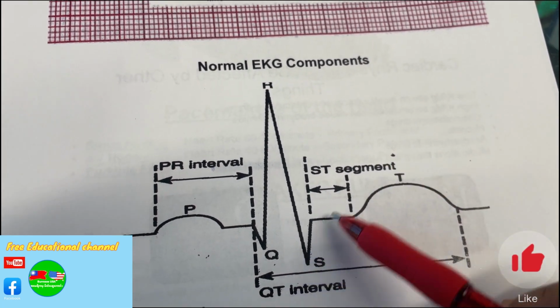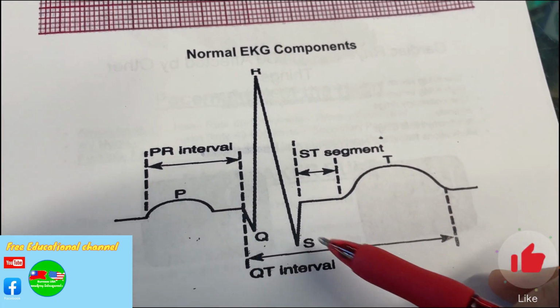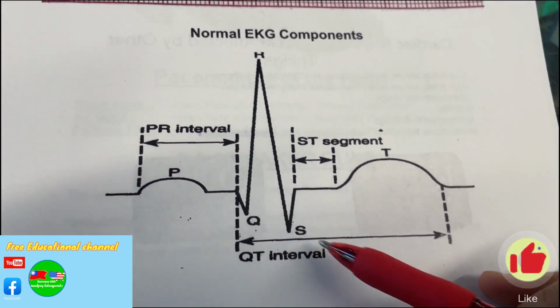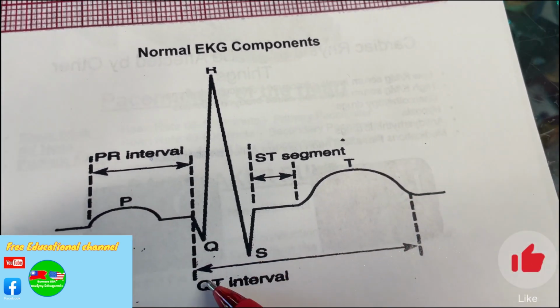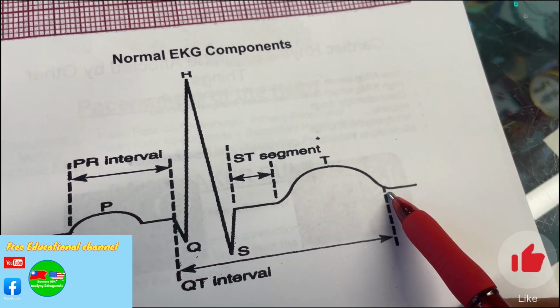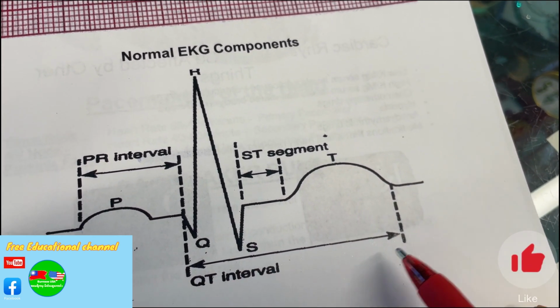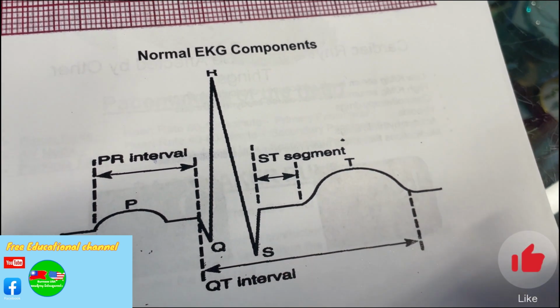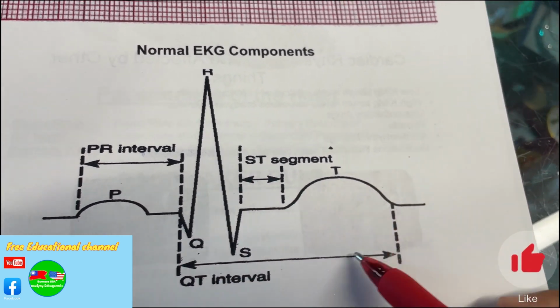It's going to be either raised like that or depressed, okay? And the QT interval, Q to the end of the T, is actually showing the whole ventricular contraction and relaxation, okay?